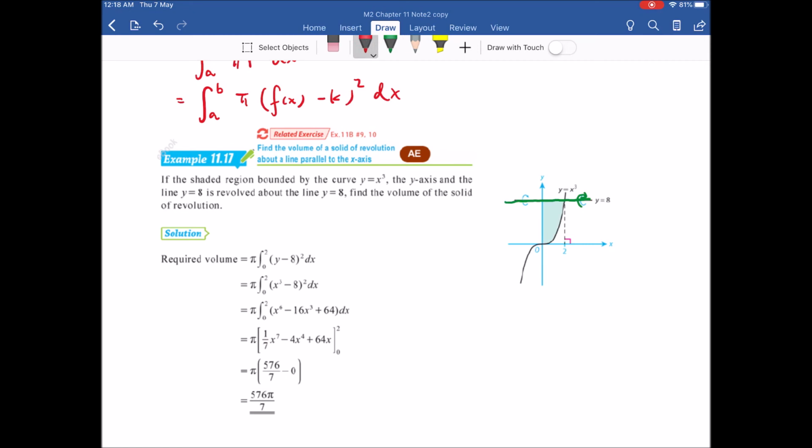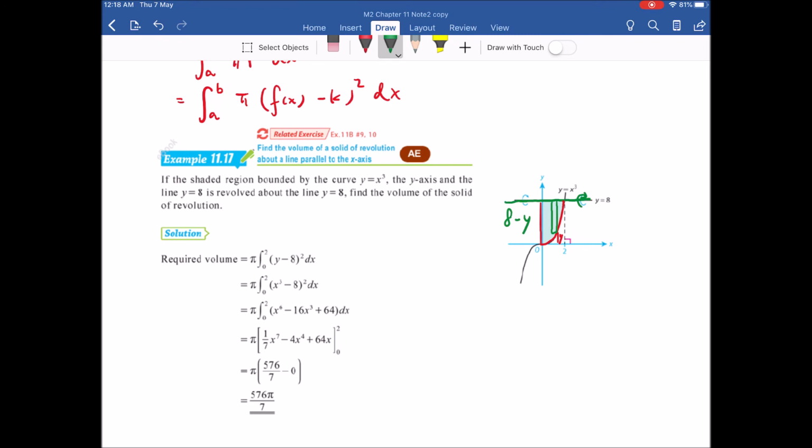so the area is here. Okay, this is the corresponding y, but you are not going to find out this one. Instead, you are going to cut this into strips. So this strip length is 8 minus y. Okay, is it 8 minus y?